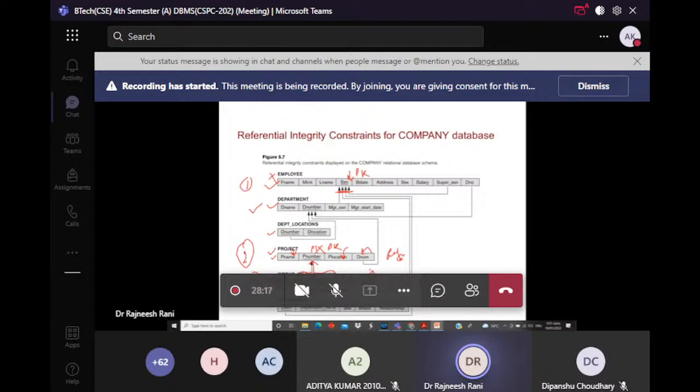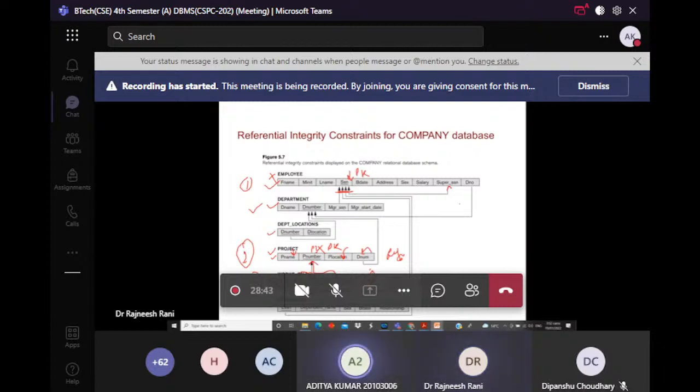You can say in the department table it is a foreign key, in the work zone table it is a foreign key, in the dependent table it is a foreign key. Even it acts as a foreign key in its own table also, right?